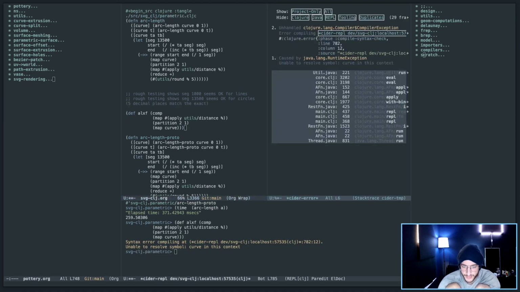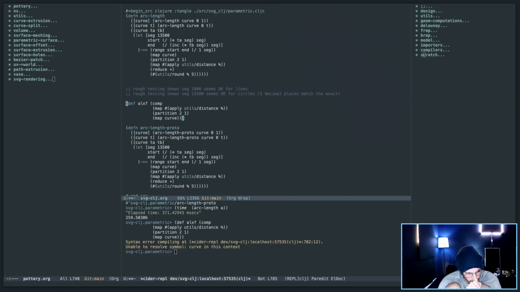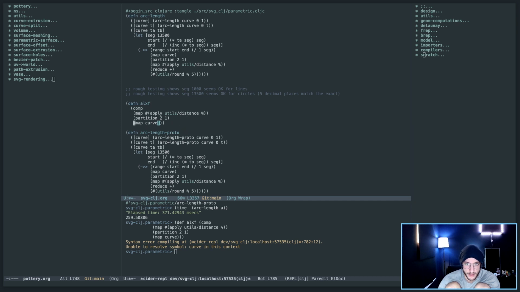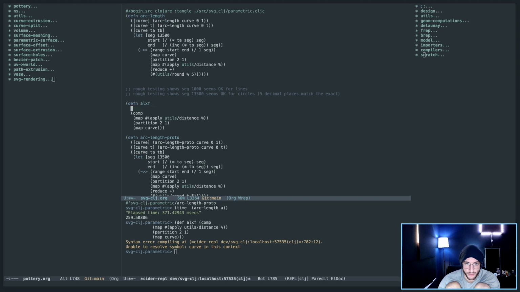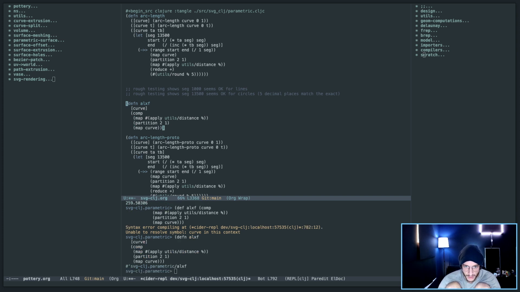Ooh, it's not valid. Of course, we have to do it this way. We gotta wrap it like this. So given a curve, I want to return the composition of this. Okay, so that should work.